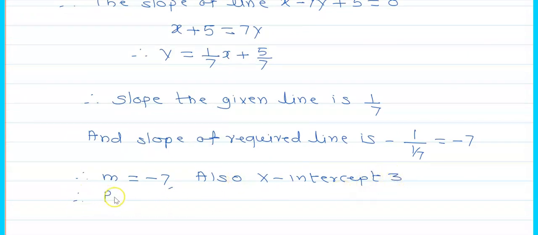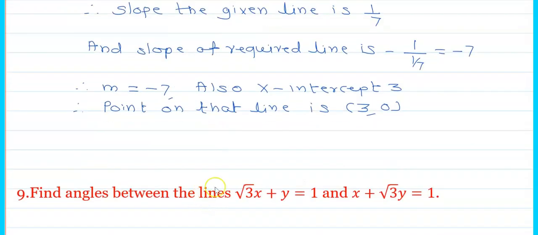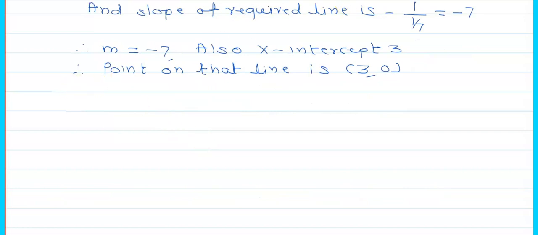Therefore the point on that line is 3 and 0. Okay, the point on that line is 3 and 0. Now we'll find out the equation of the line.